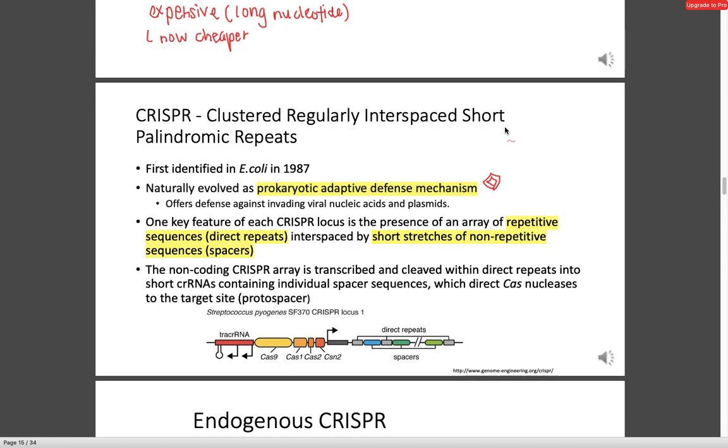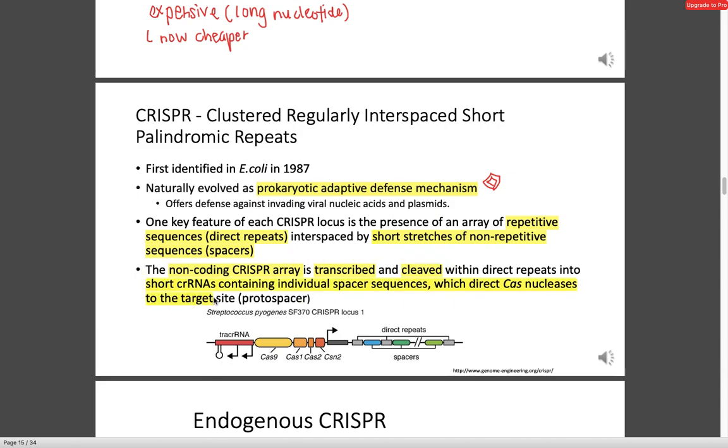So the non-coding CRISPR array is transcribed and cleaved. So remember just now when I spoke about the non-coding sequence, alright? So the non-coding CRISPR, that sequence is basically a repetitive sequence, but we do not know the function. And when that location was modified, then you can see a lot of changes happen to the host, to the organism. So that's why they found the CRISPR locus.